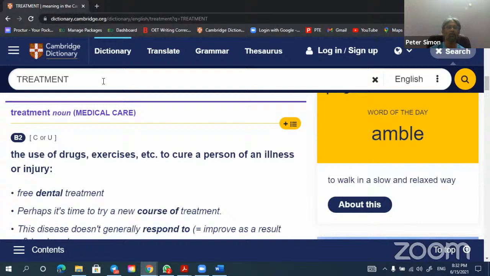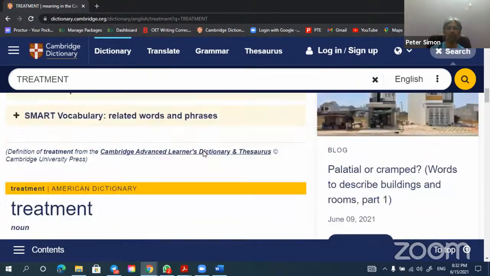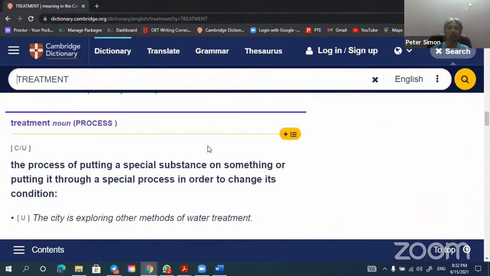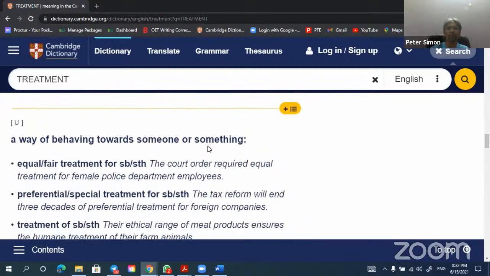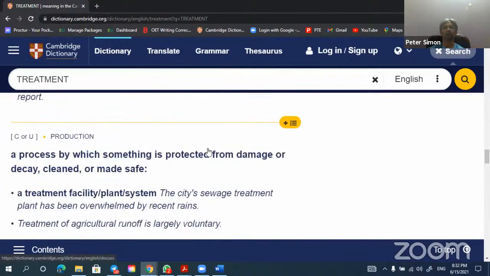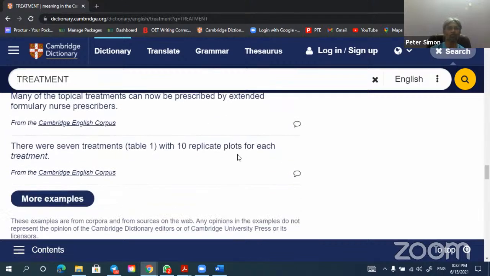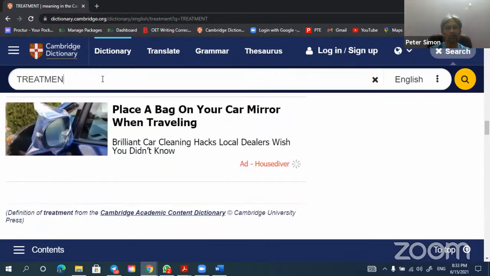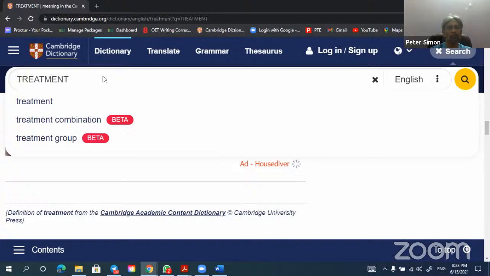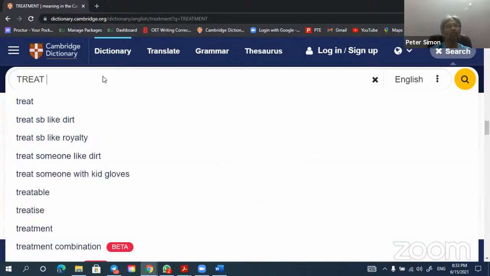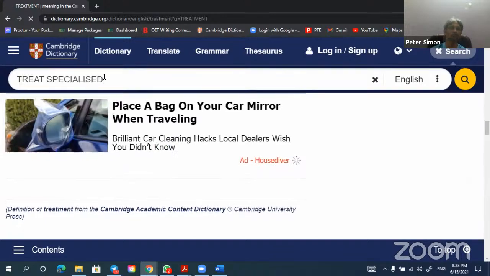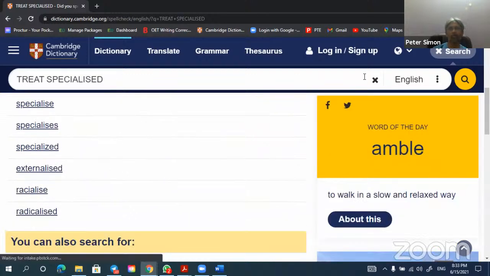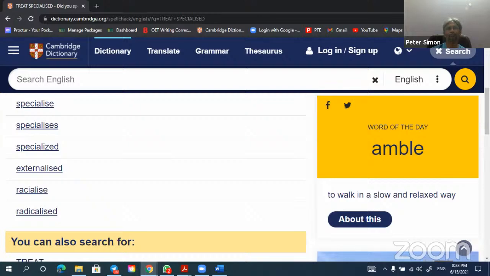So now what other words can you use for treatment? Treat, specialized. Okay. So next.